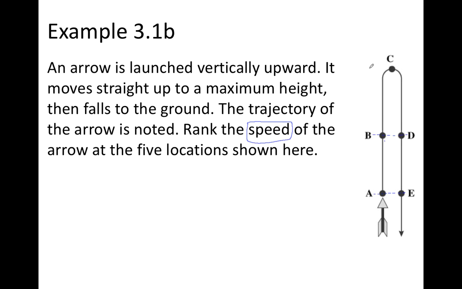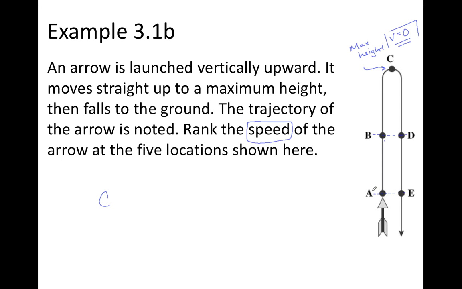And point C is indicating that it's at its maximum height. Well, the maximum height is a turning point, and the velocity and the speed of an object at a turning point is 0. So that means that C is going to have the least speed because it's 0. Can't get slower than 0.